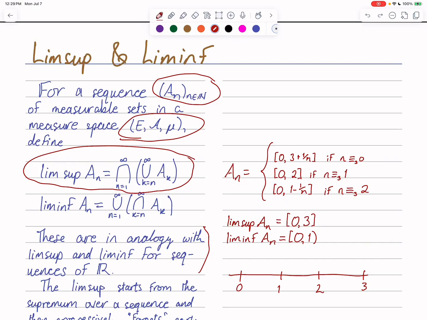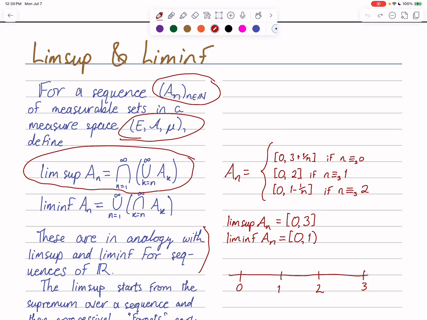As you keep plugging in bigger and bigger n, you're going to continually keep intersecting sets that are shrinking effectively. Shrinking, but always containing 0, and always containing 3, but anything even slightly above 3 will eventually get eliminated, so this is the Limsup.